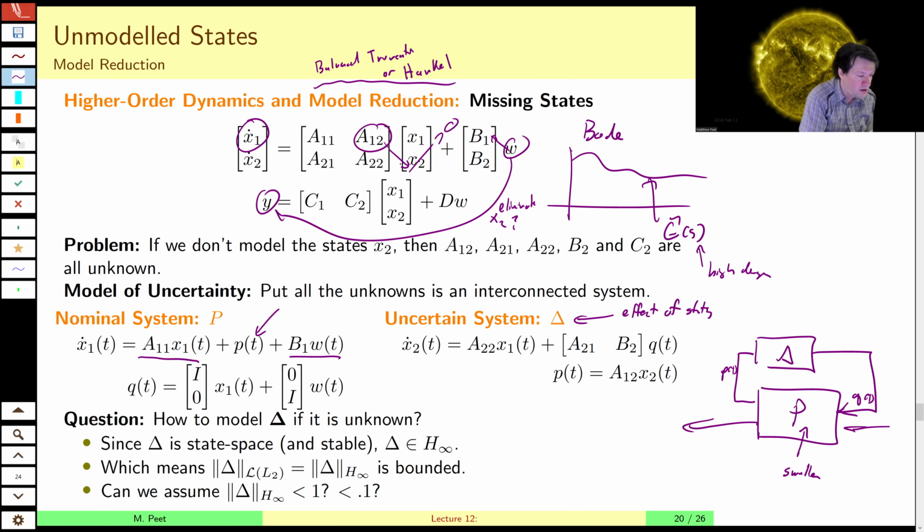So how do we get x2 if it's no longer in the system? Well, that's what's going on here. x2 dot is up in that uncertainty block. The dynamics of x2 dot are given by a22 x2. I'll just highlight that, x2. That's what's going on there.